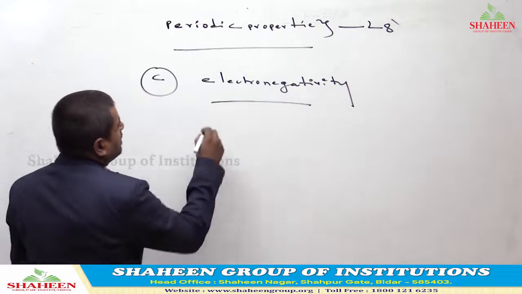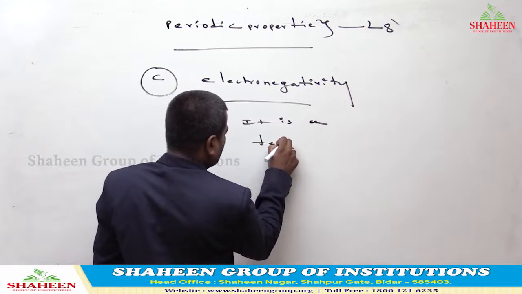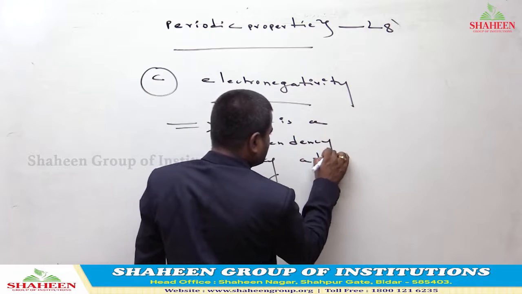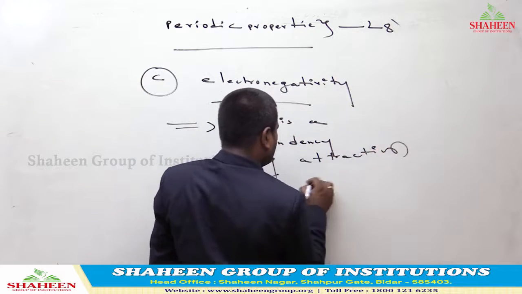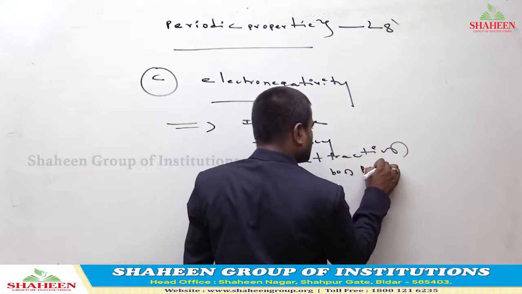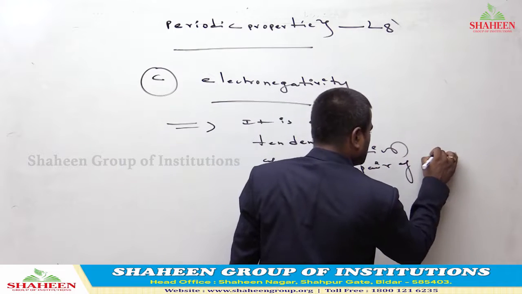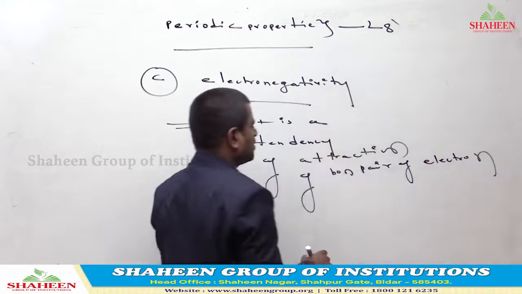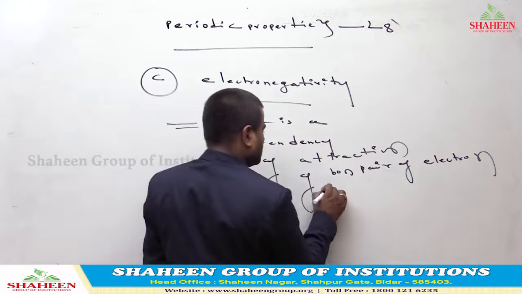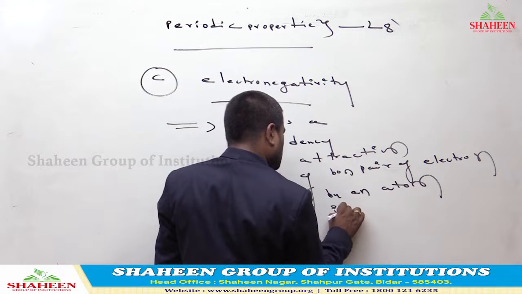So, electronegativity is nothing but the tendency of attraction of a bond pair of electrons by an atom in a covalent compound.